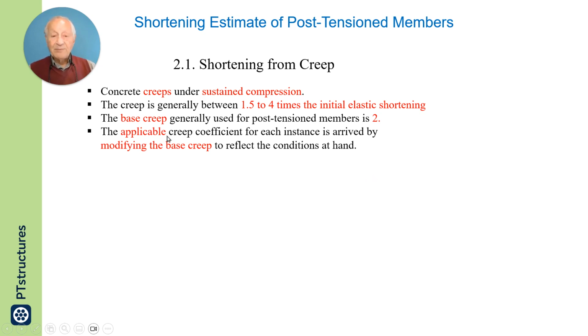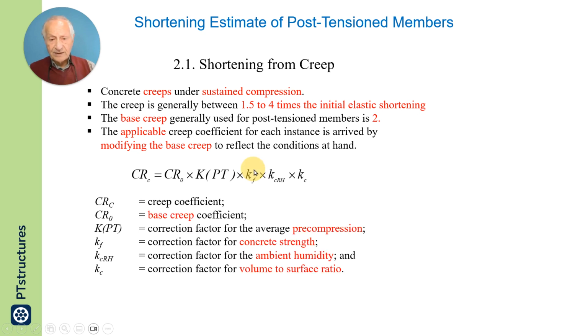The applicable creep coefficient for each instant is arrived at by modifying the base creep, the value 2, by the conditions of the project at hand. So this is the actual creep value for your project. This is the value of standard creep 2, and these are the coefficients by which the creep for your project will be adjusted.